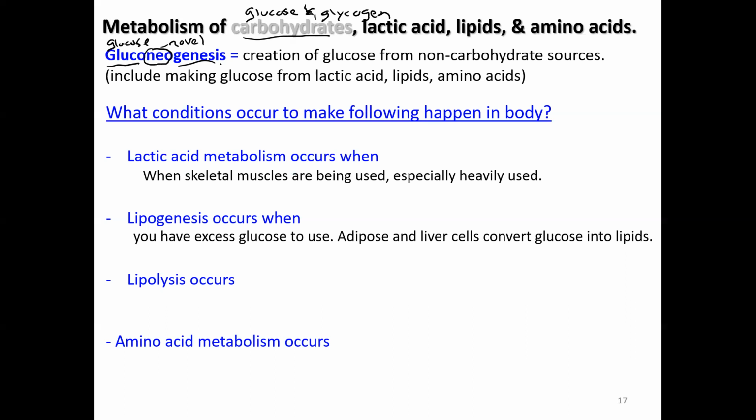Now, above and beyond what your cells need, your fat cells and your liver take in extra glucose and turn it into glycogen. Okay, so those get converted into glycogen, and your liver can store fat as well.